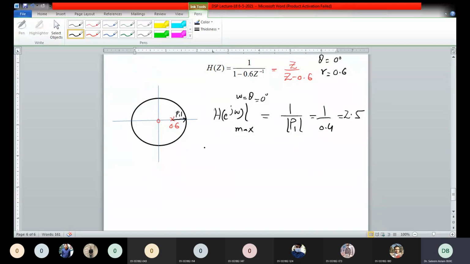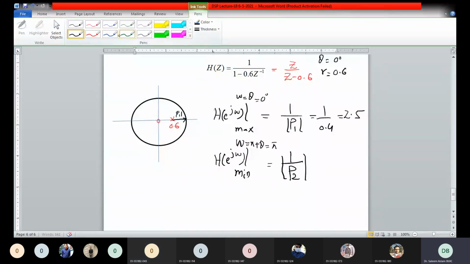So look here, where in the case of a zero the minimum value was coming, here the maximum is coming, and where the maximum was coming in our case, there the minimum value came. So the minimum value would be at ω equal to π plus θ. π plus θ is equal to π plus 0, which is π, and that is equal to 1 over |p2|. Let me draw p2.